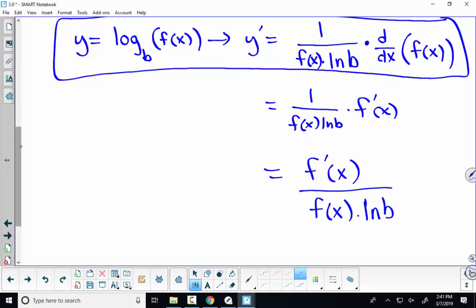So notice that f prime over f was the derivative when we had a natural logarithm. The only difference with the generic logarithm base b is that we have the ln of b here in the denominator.